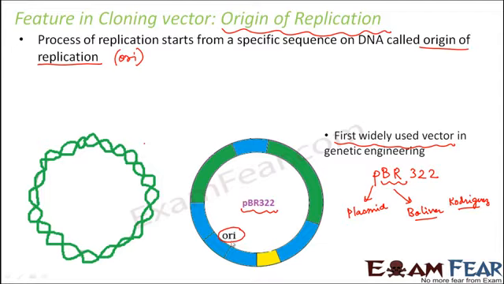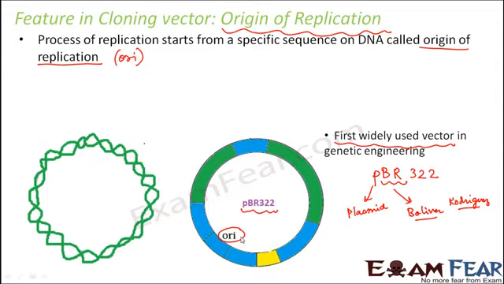Now it is not necessary that the origin of replication of all vectors will support very high copy number. So that also needs to be taken care of, that the origin of replication supports high copy number. That means if the foreign DNA is linked to the origin of replication of that particular vector, it will definitely replicate because it is linked to the origin of replication.